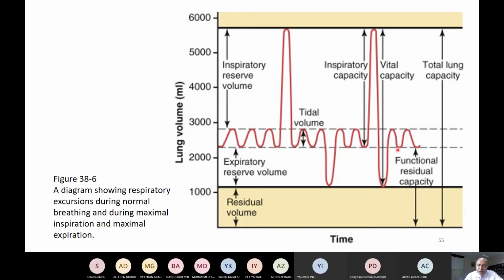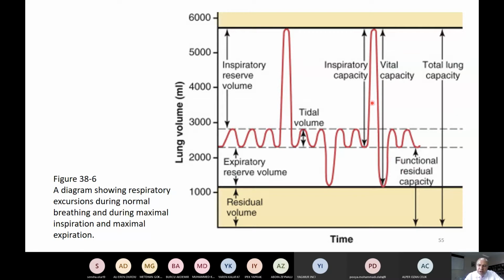The most important one is vital capacity. Vital capacity consists of tidal volume plus inspiratory reserve volume plus expiratory reserve volume.